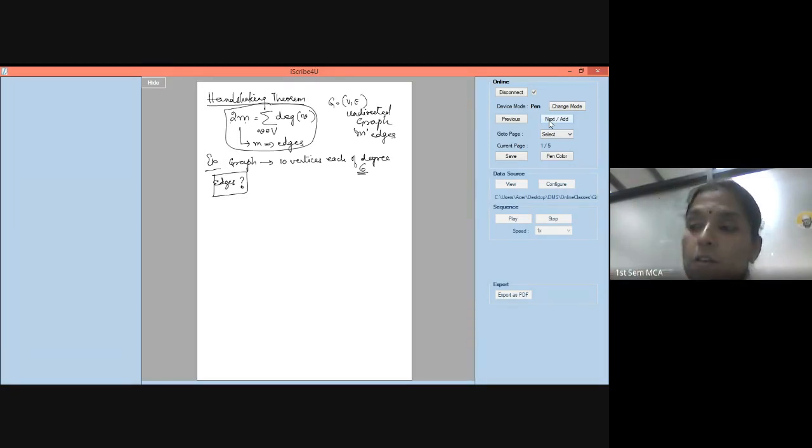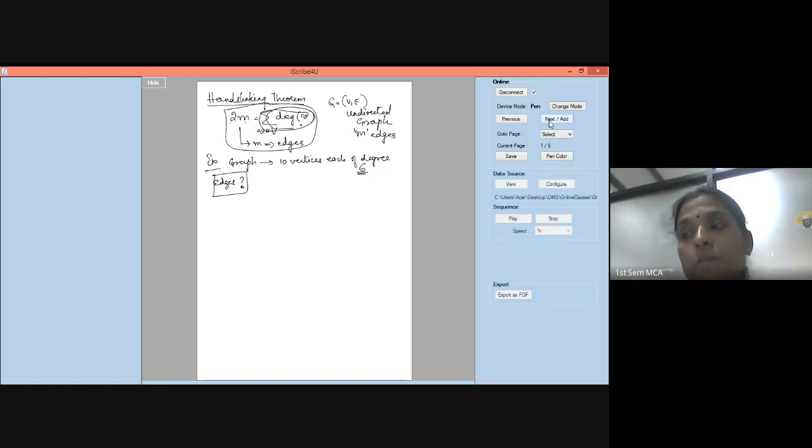The sum of the degrees of the vertices is nothing but the summation of the degrees of that graph. If you add up the degrees of all the vertices, it should be 2 times m.